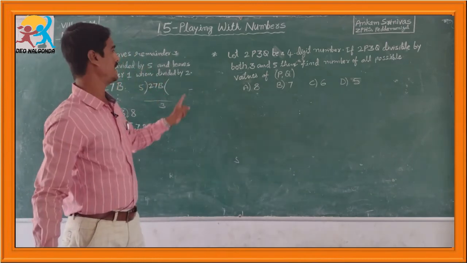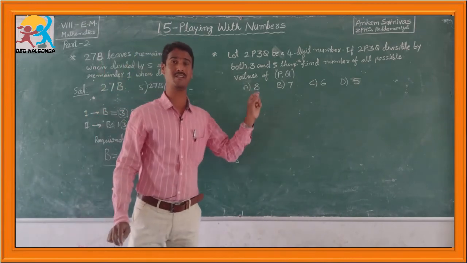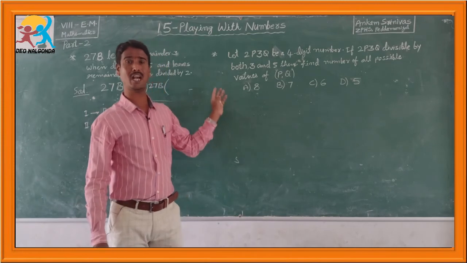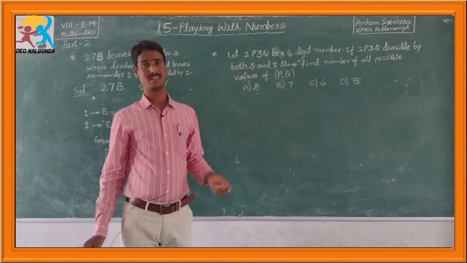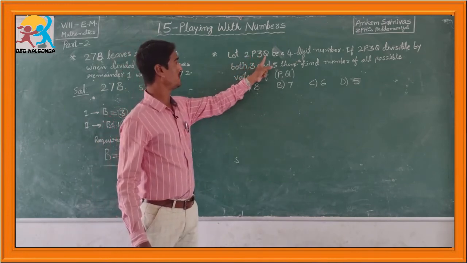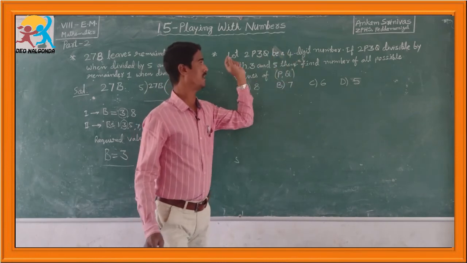And see this very interesting problem. This may come in a Maths Olympiad competition test. It is a very good application of divisibility rules. Here, 2p3q is a 4-digit number.